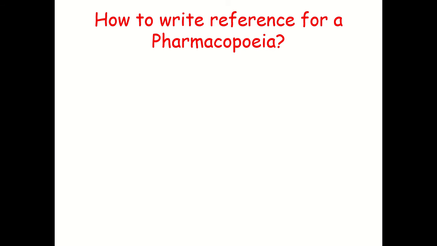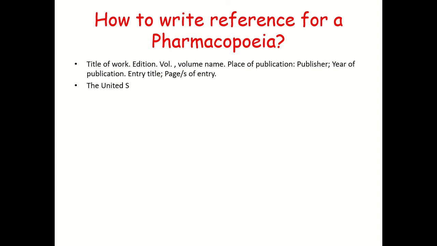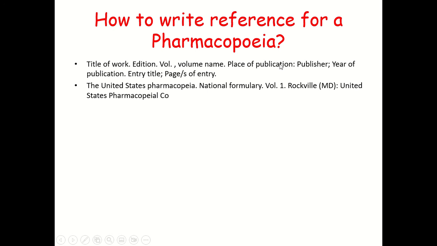Now let us see how to write a reference for a pharmacopoeia. So first you will have to write the title of the work, then the edition, then volume, volume name, place of publication, publisher, year of publication, entry title, pages of entry. For example, the title of the work is United States Pharmacopeia National Formulary, volume 1.